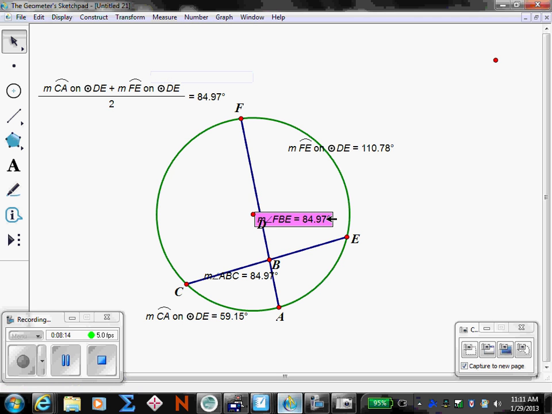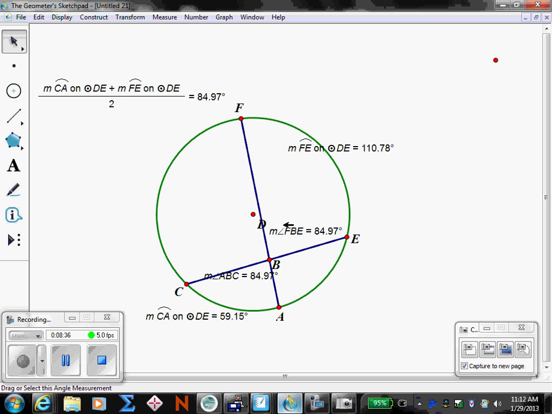So you can really see this conjecture here. So you take the 2 arcs that are formed by the 2 intersecting chords from the congruent angles. You average them together and you get the measure of the angle that is formed.